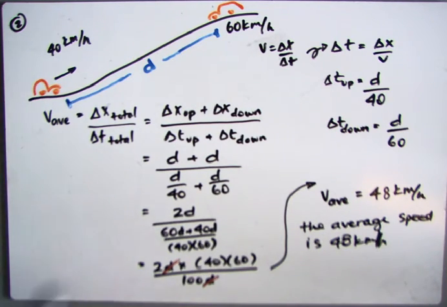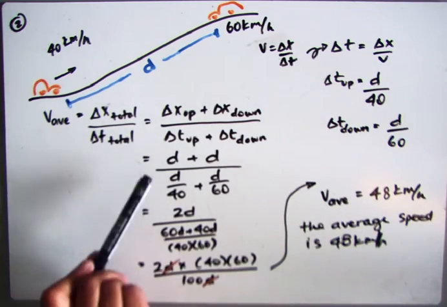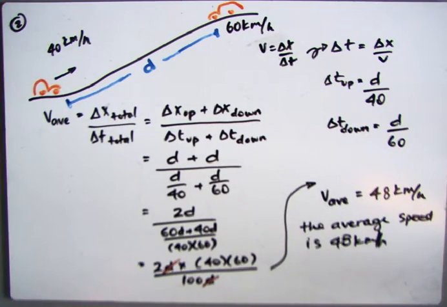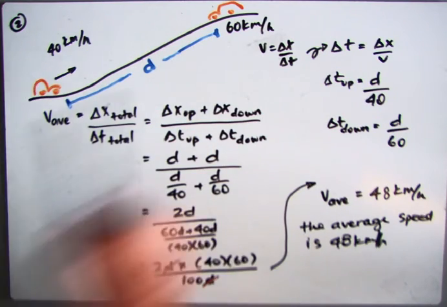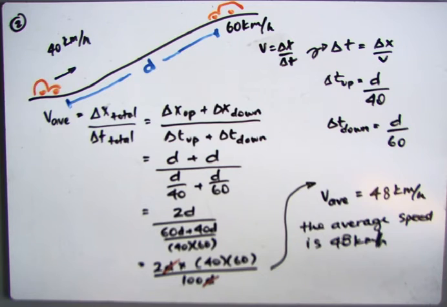It's this thing right here, what we said here. You take longer when you're going slower. So you spend more time traveling at 40 kilometers an hour and less time traveling at 60 kilometers an hour. So your average is sort of weighted on the side of the slower. So instead of being 50, it's slightly less than 50, 48 kilometers an hour. And this is how we arrived at that answer.